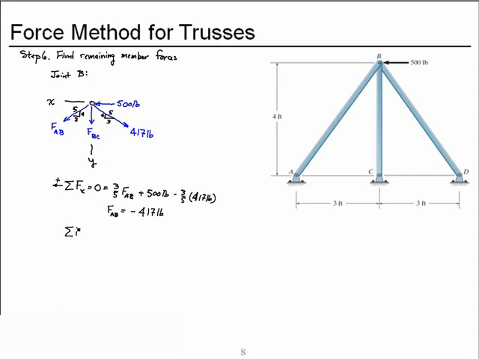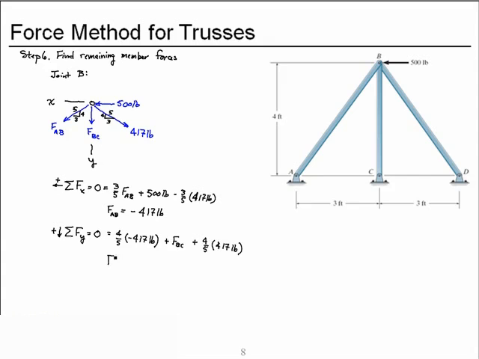Now go to vertical equilibrium, sum of forces in the y direction. Based on this coordinate system, down will be positive. We'll have a positive 4/5 contribution from force in member AB, but that's a negative 417 pounds. We'll have a positive contribution from the force in member BC, and we'll have a positive 4/5 contribution from the force in member BD, which is a positive 417 pounds.